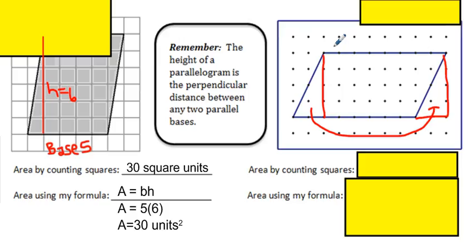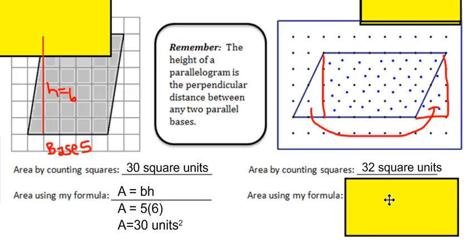Now let's count the boxes. 1, 2, 3, 4, 5, 6, 7, 8, 9, 10, 11, 12, 13, 14, 15, 16, 17, 18, 19, 20, 21, 22, 23, 24, 25, 26, 27, 28, 29, 30, 31, 32. So when I count, I have 32 square units.